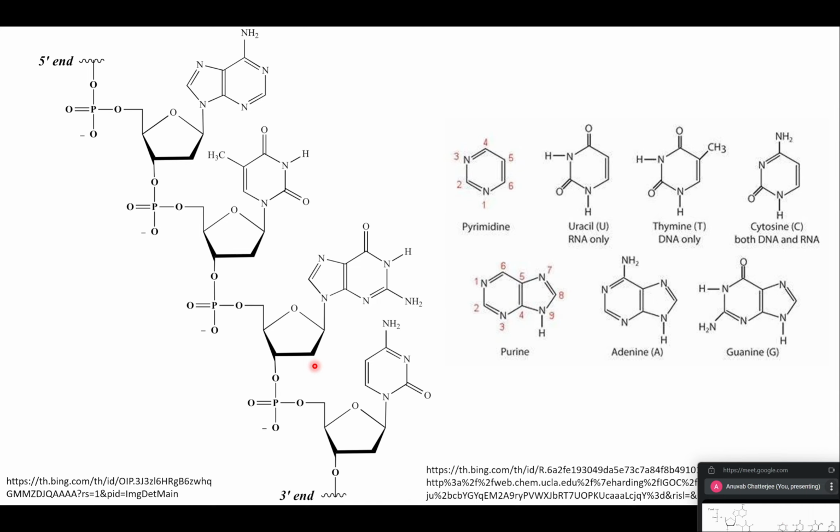The reason is because RNA degrading enzymes can target this particular OH, as well as RNA by itself also undergoes self degradation by hydrolysis using this particular OH, which is absent in case of DNA, and thus we see that DNA is much more stable than RNA. Okay, so this was about DNA and RNA.